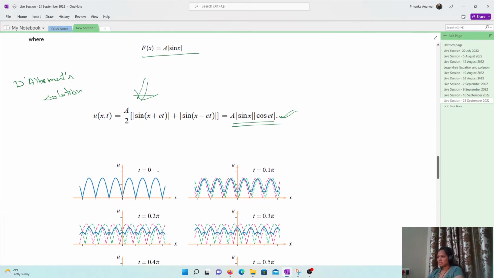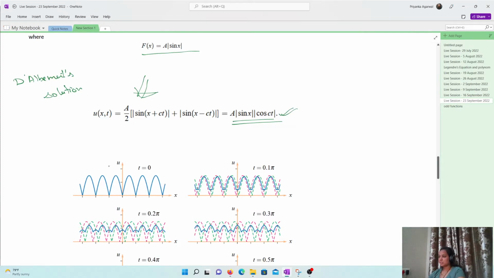Now, if you see carefully, just by putting this modulus sign, u is always, so we can again consider a equal to 1, c equal to 1. So you see that u is always greater than or equal to 0. So this is not going in minus y.